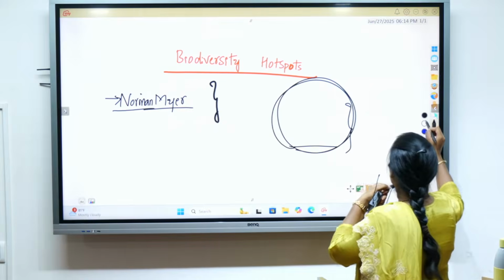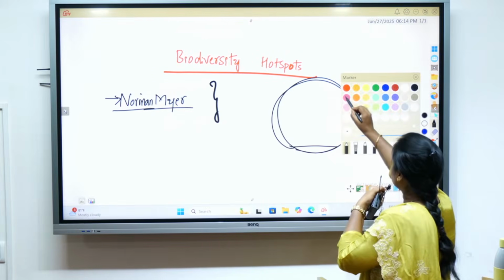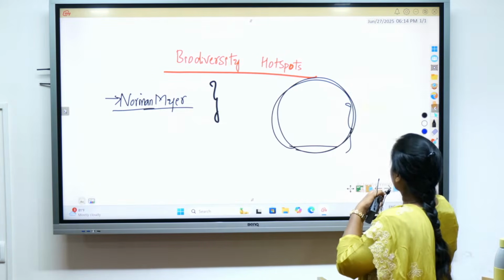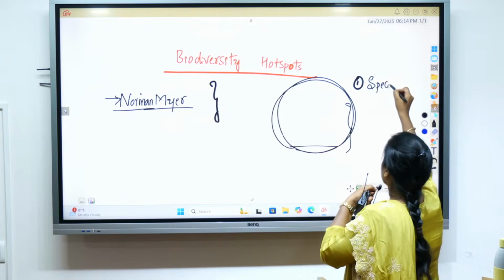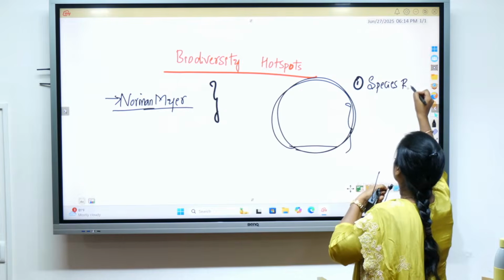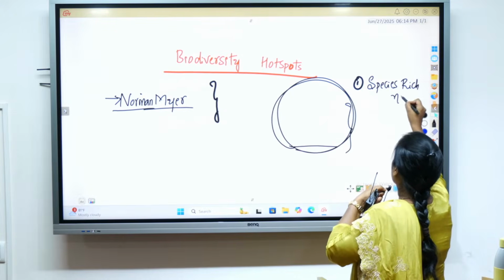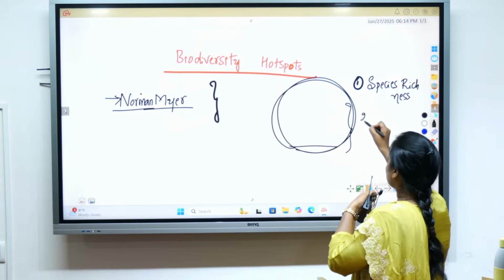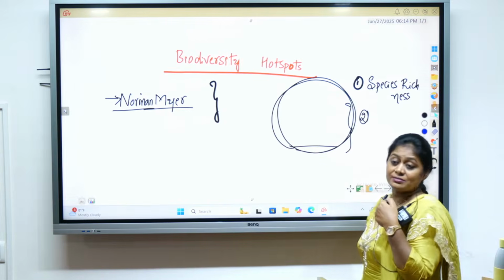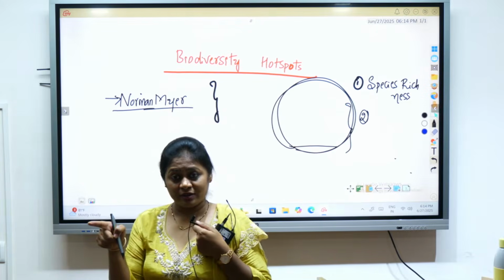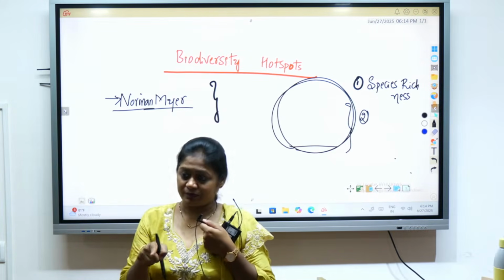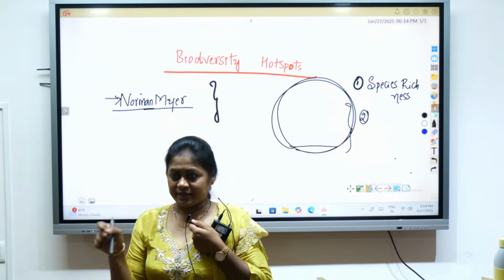First one is obviously species richness. Second one is endemism. What do you mean by that? Endemicity and endemism are the same.